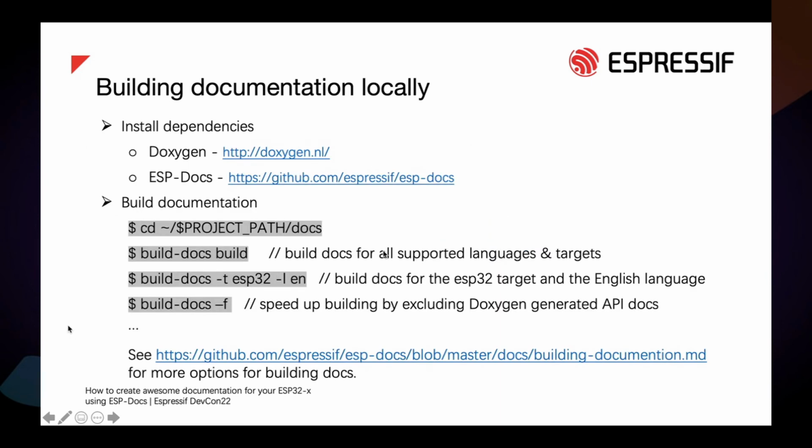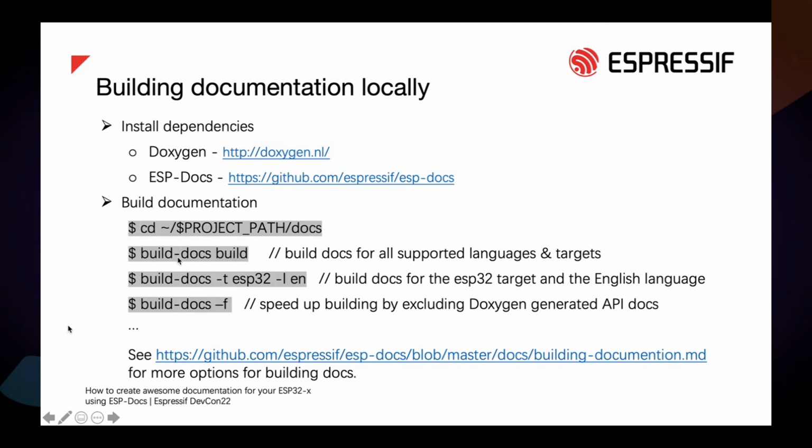Then after we are preparing documentation in RST format, how to build it from the RST format into HTML. Here are the instructions. First, you need to install dependencies, Doxygen and ESP Docs. And then you need to build the documentation. First, you change directory to the documentation folder, and then you have multiple options to build the documentation.